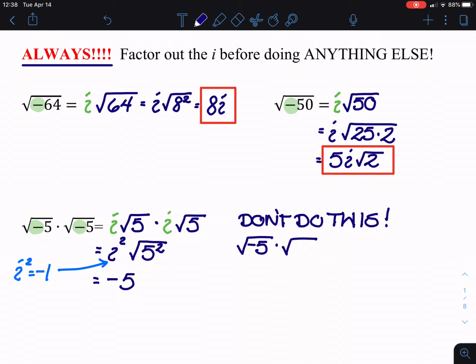Because I have the square root of negative 5 times the square root of negative 5, if I were to do the multiplication first, I would have negative 5 times negative 5 here. When I multiply those together, I get the square root of 25, and the square root of 25 is 5. But this is not the correct answer.